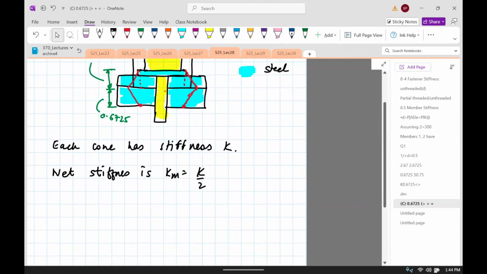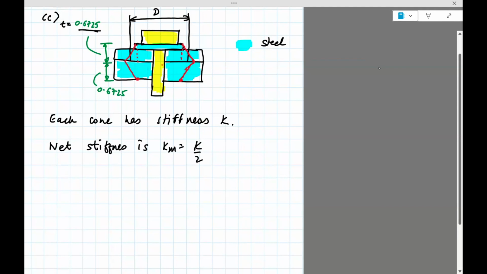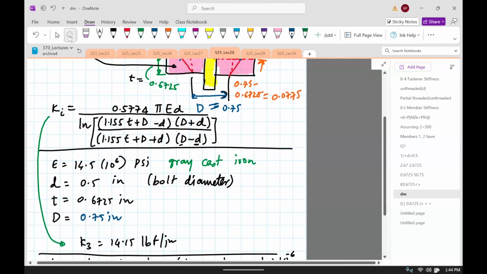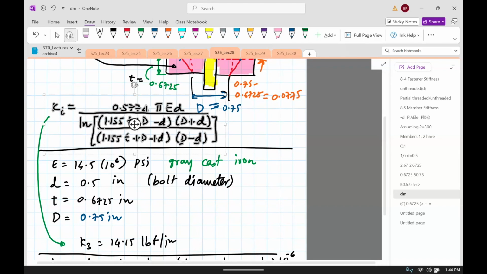So we only need to find the stiffness of one of those of height 0.6725. The formula here is the same formula as before. So I'm going to copy the same one, but I just need to do it once for one of them, top one or bottom one.